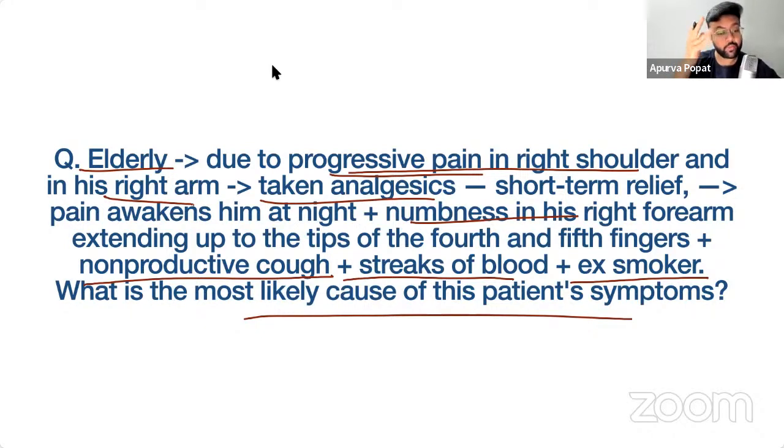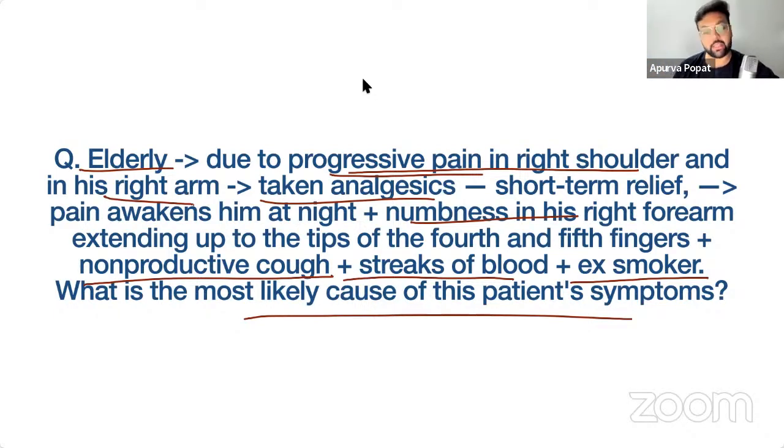If you involve the lower trunk of the brachial plexus, you might have numbness in the fourth and fifth fingers. That's why this patient is having weight loss, hemoptysis, cough, and pain in the arm and forearm. Okay, this is Pancoast tumor.